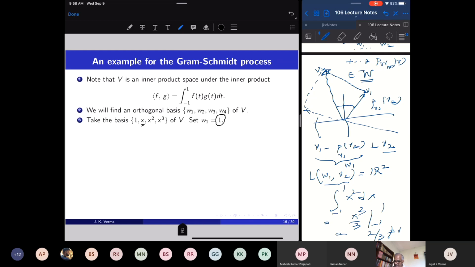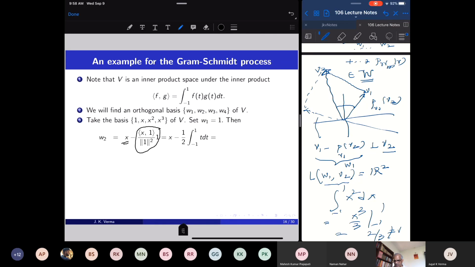And so in order to get the second vector, which is perpendicular to W1, I will take the projection of x in the direction of 1 and then subtract. This is the projection of x in the direction of the constant polynomial 1, by definition of projection, and we subtract it from x.